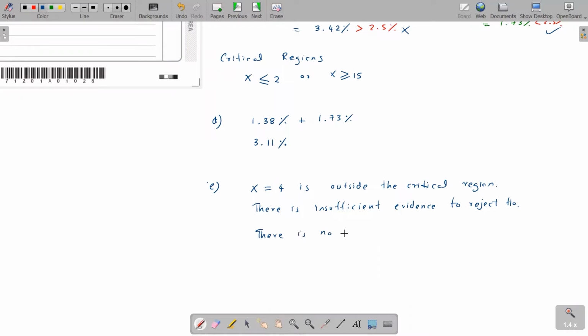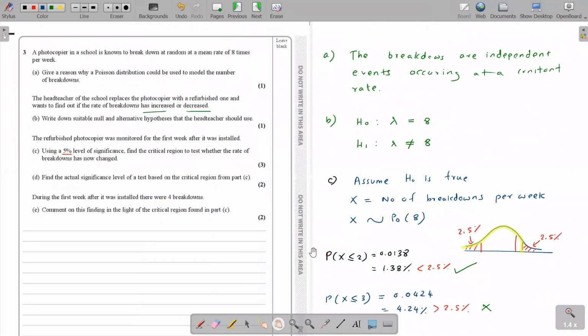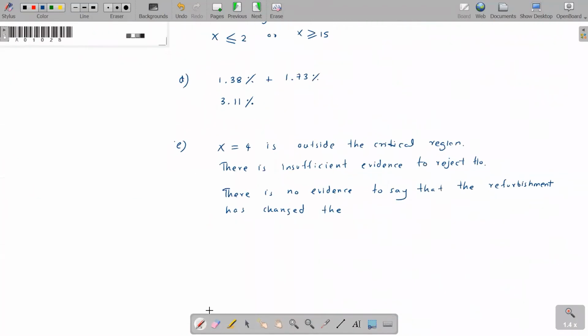There is no evidence because you need to give a statement regarding the question also. There is no evidence to say that the refurbishment, use the words they use in the question, okay, has changed the breakdown rate, the mean, what's the word they use, the refurbishment, yeah, mean rate, yeah, the mean breakdown rate.